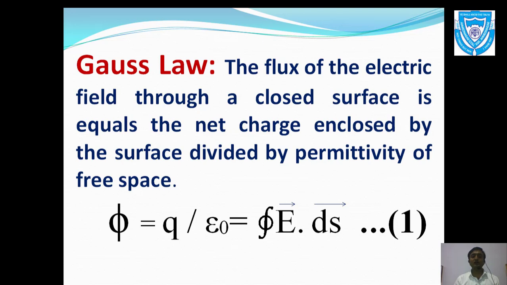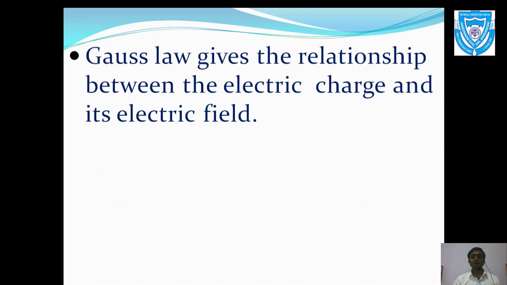One more formula, that is the closed integral of E bar dot ds bar, which we have studied from electric flux. This equation number 1 is very important, which we will need further. Therefore, memorize it. Phi is equal to Q upon epsilon naught is equal to closed integral E bar dot ds bar. This will be our equation number 1.